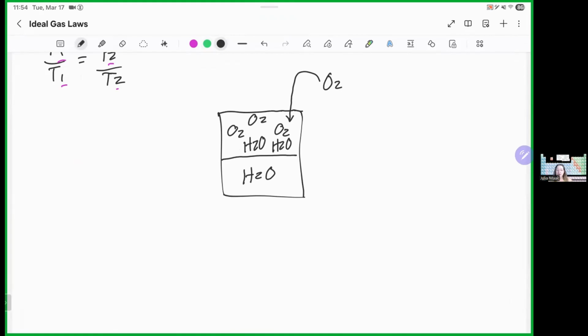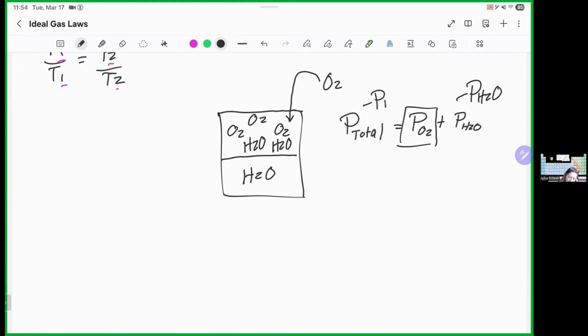In the next video, when I talk about other gas laws, I talk about Dalton's law of partial pressures, where our total pressure is equal to our pressure of oxygen plus our pressure of water, right? That's all the gas in there, oxygen and water. So if I want to know my pressure of just oxygen, I subtract my pressure of water, right?